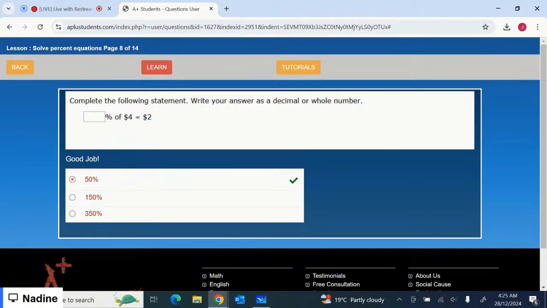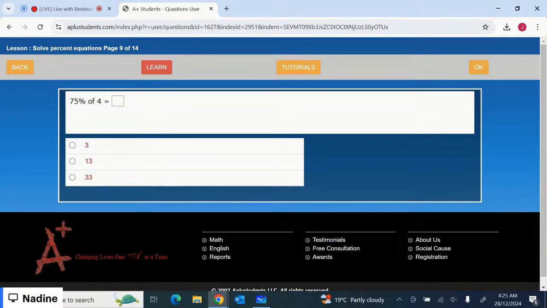Option number 1 is the correct option. 75% of 4 is 3. Option number 1 is the correct option.